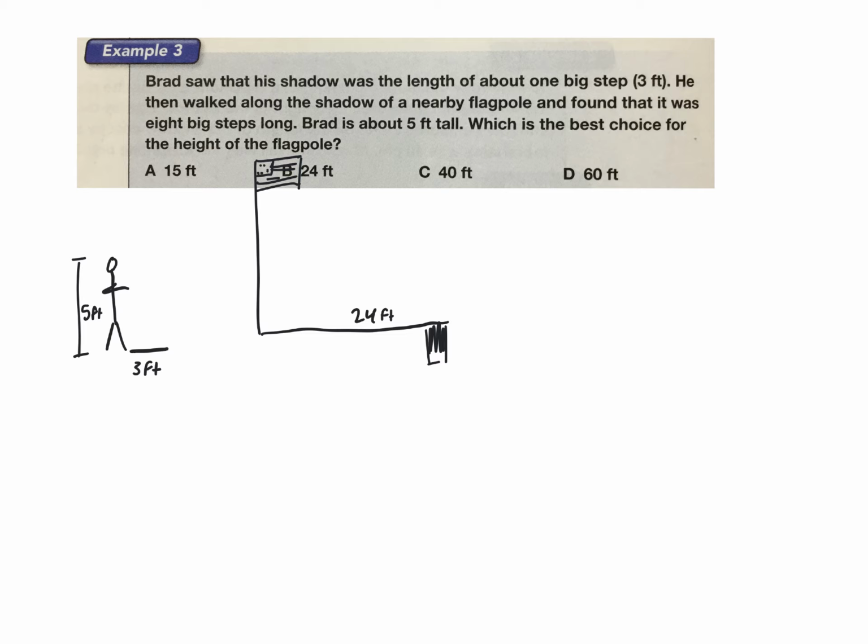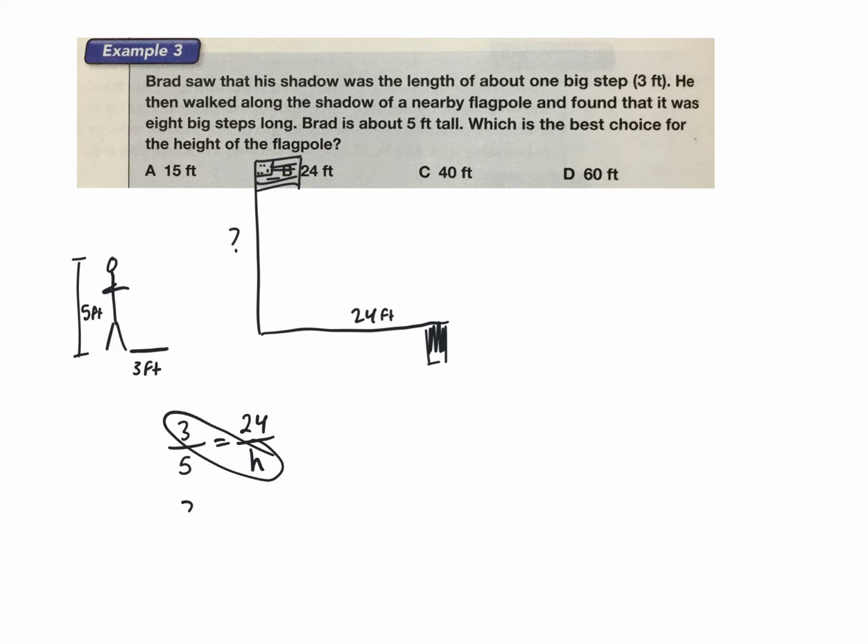Which is the best choice for the height of the flagpole? So we're looking for this height. So cool, let's go ahead and do something similar here. So 3 over 5. Again, I went shadow length over height. So I'm going to go shadow length over height over here. Shadow length over height. I'll just call it h. And then let's solve.